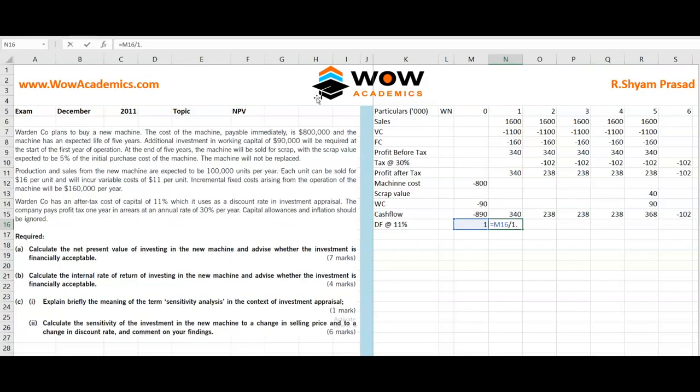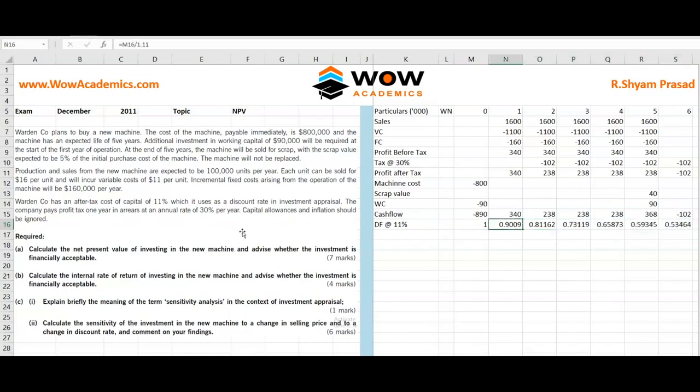In this problem we have 11% as the discount factor. So take the previous number and divide by 1.11. Do the same for all the 6 years. So you neatly got your discount factor.